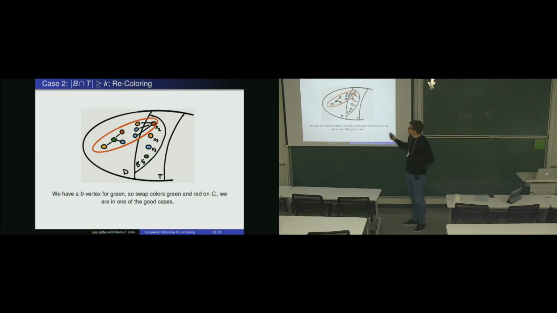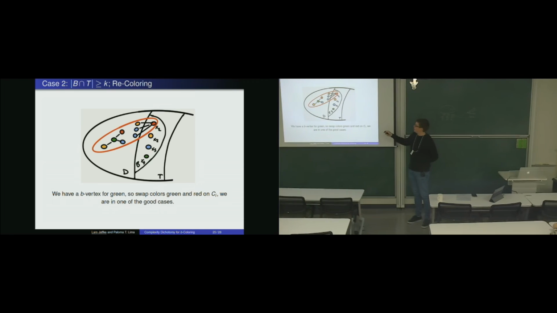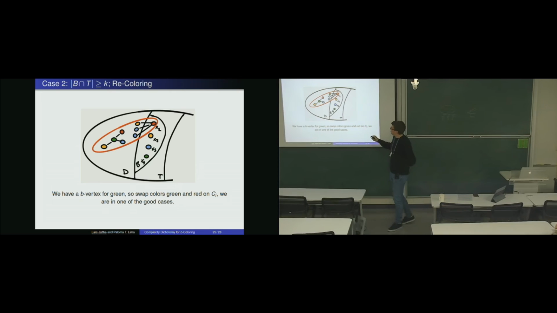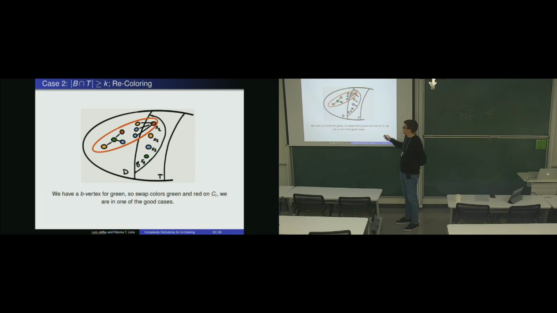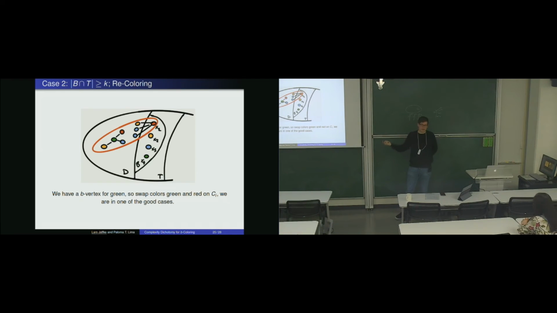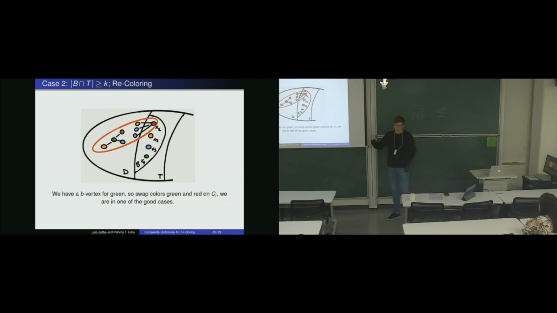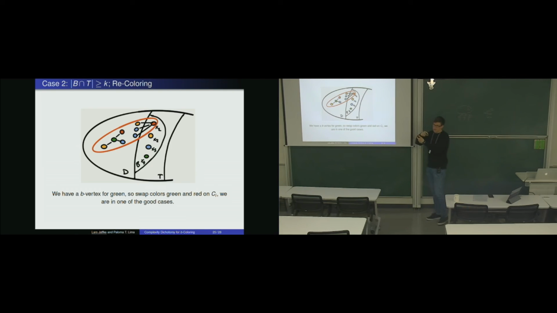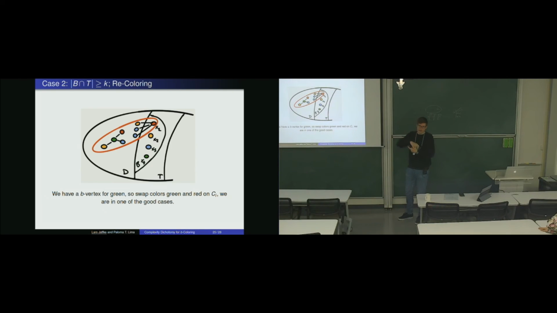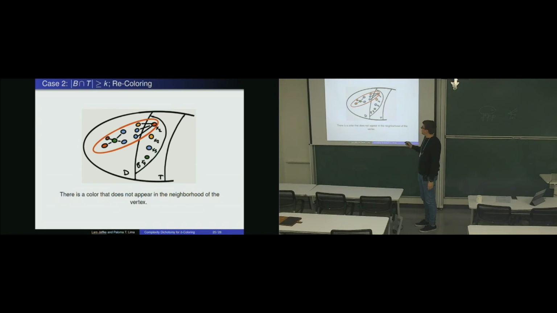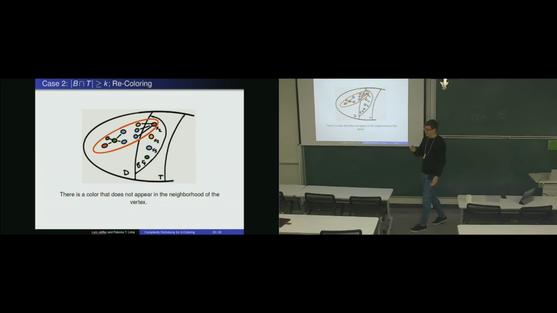Okay, now what we want to do is get rid of the color green in all of this component. Now suppose we have a vertex that is colored green such that all the other colors appear in the neighborhood of that vertex. But that's one of the good situations, right? Because that is the case when we found another B vertex for a different color, in this case green. But again, we can just swap colors green and red, and we will have a B vertex for color red. But then suppose that there is some color that does not appear in the neighborhood of this vertex.